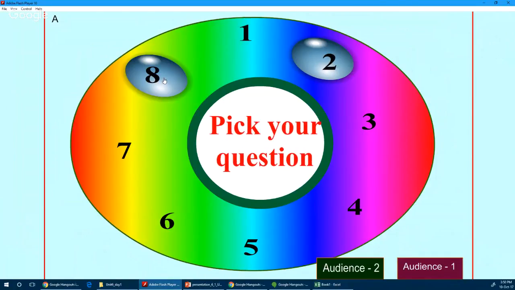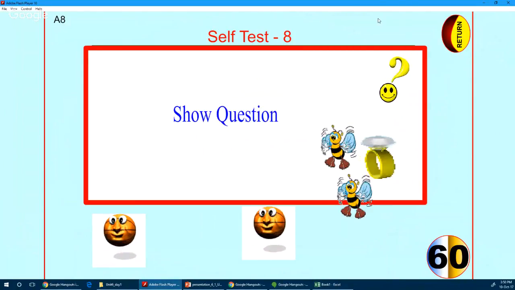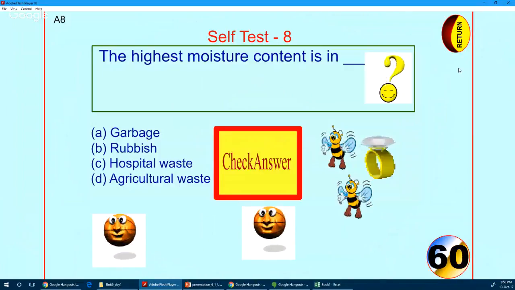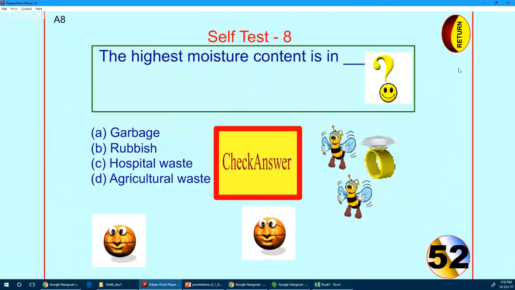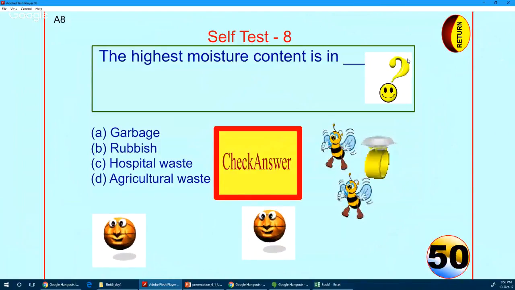You go for the last one, 8. Be ready. Here comes the question. The highest moisture content is in dash: garbage, rubbish, hospital waste, agricultural waste.